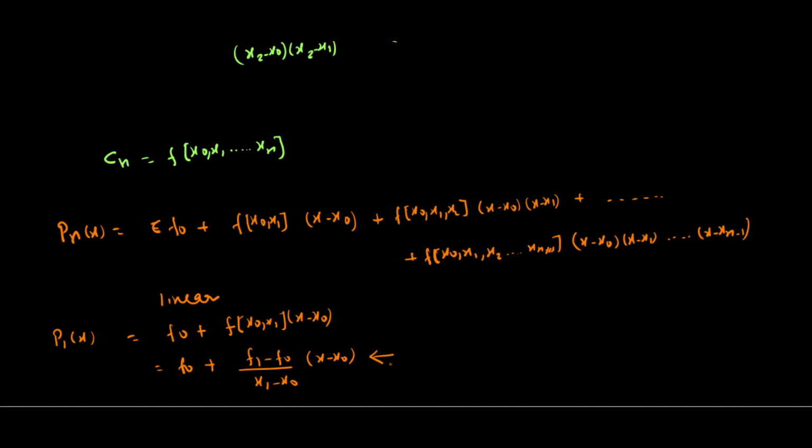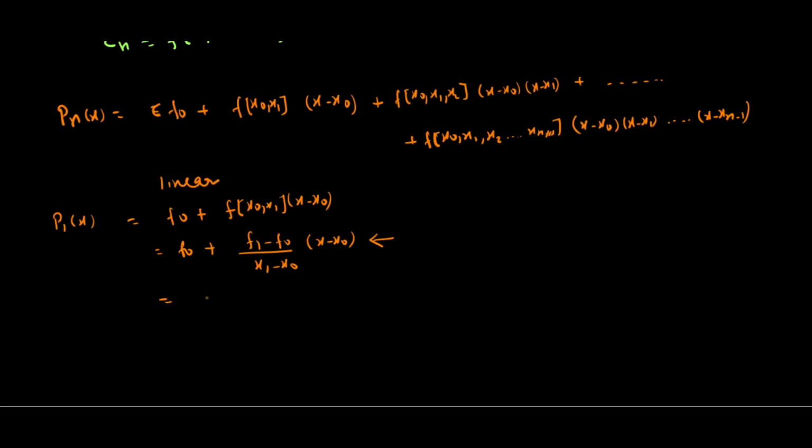So this is the formula for my linear Newton's interpolation. We can write this as f of x0, that is my first term, plus (f of x1 minus f of x0) upon (x1 minus x0), multiplied by (x minus x0). You can observe here, this is a polynomial of degree 1, that is the power of x is 1 only.